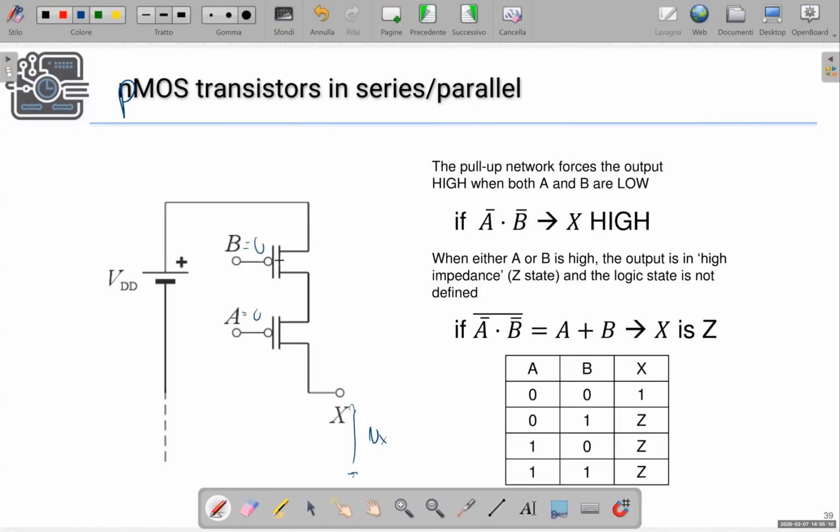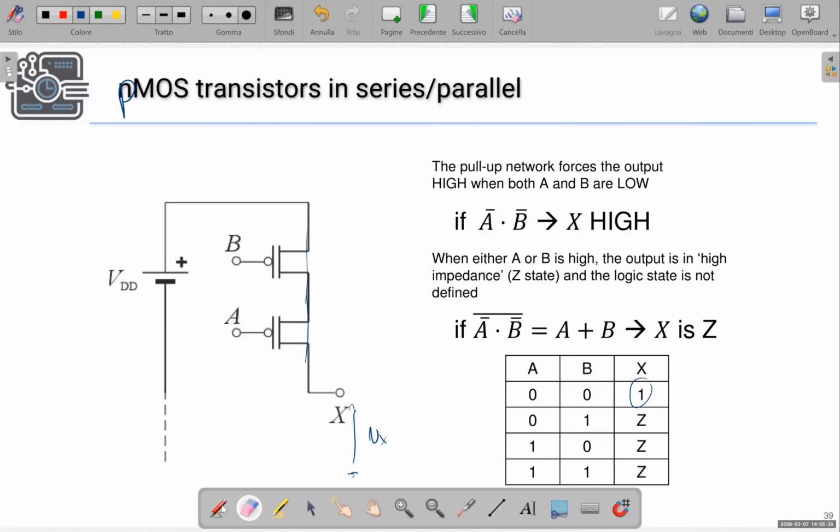This is because PMOS transistors are on when their gate voltage is low. So when the gate voltages of the first and the second PMOS transistors in series are both low, both switches are on and the output voltage is forced to 1.